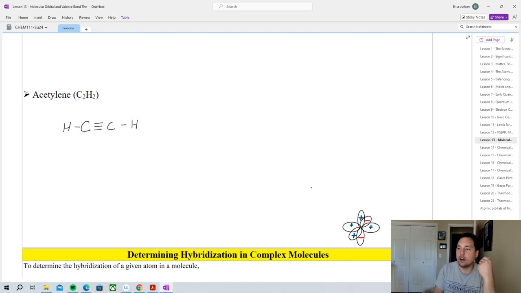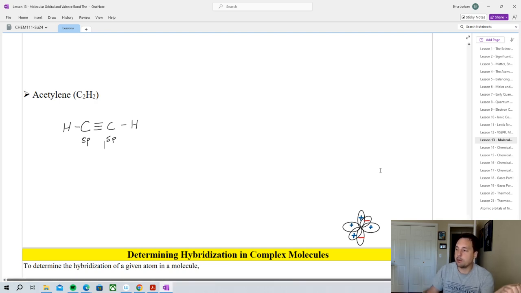And when we want to get this geometry, we have to think, what's the bond angle between the carbons and between the carbon and the hydrogen? Well, we need to have 180 degrees. So this would be a linear electronic geometry, which requires that we have sp hybridization on these carbons.